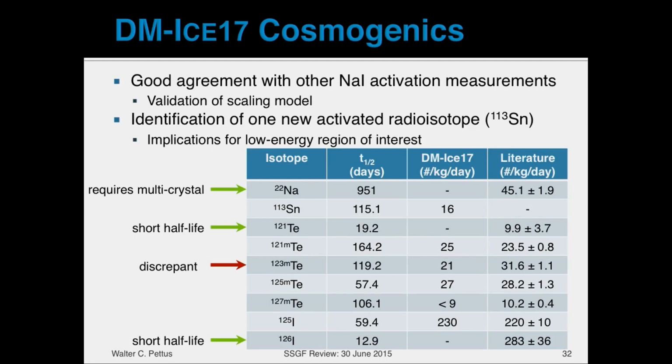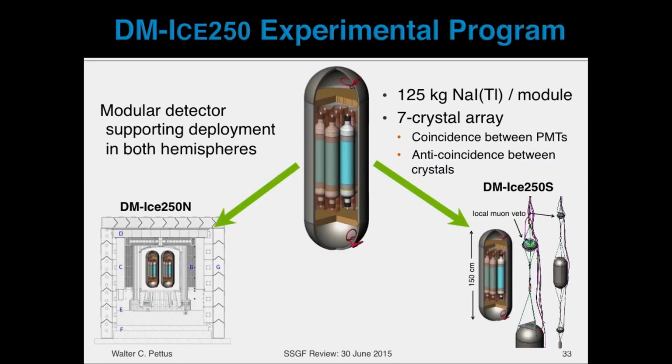There's only one instance where we actually measured a different value, and we're still trying to trace down the source of error on that and figure out if it's in their analysis or ours. So DM-Ice17 was this pathfinder experiment to demonstrate that you can do it. And it was very successful in terms of achieving all the experimental goals that we had in mind.